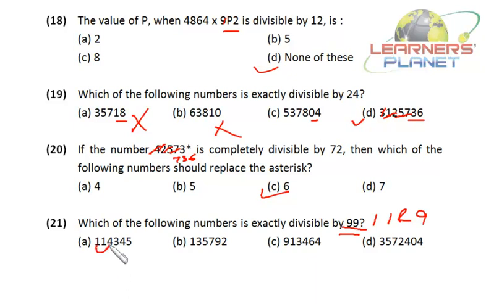Here 1 plus 4, 5 and 4, 9. And here 1 plus 3, 4 and plus 5, 9. That means 9 minus 9 is 0. That means the number is divisible by 11 and 9 both as well. So it will be definitely divisible by 99. We should not check the other options since there is none of these. So we are having the correct option as A.